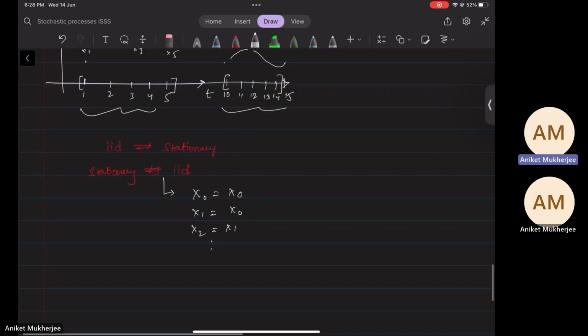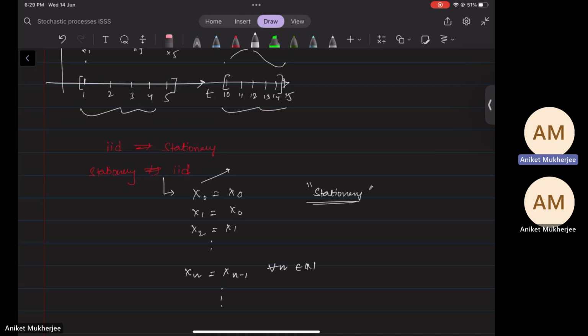You can see that once you know the distribution of x0, all the others would have the same distribution. So however many times you shift, for any joint distributions, they will always be shift invariant. So this process is stationary, but it's not independent.